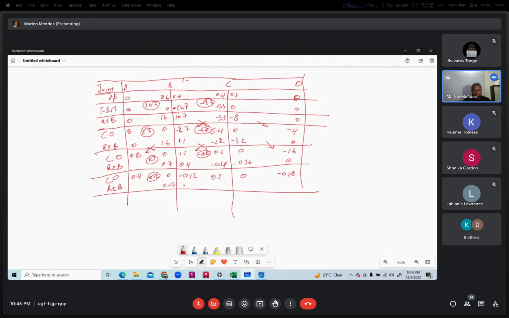This was minus, so it becomes that. This now 0. So you apply that. This was a negative 2. So this now becomes negative 0.8. This now becomes negative 0.120.